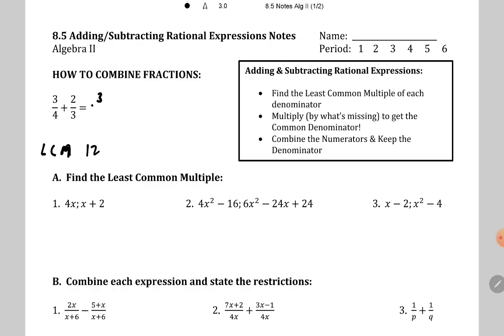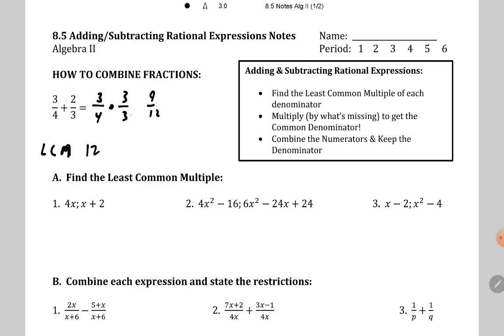Then what we do is we change our fractions and multiply by how much is required to get that denominator. So the first fraction, 3/4, we want the denominator to be 12, so we need to multiply both top and bottom by 3. So we'll get 9/12.